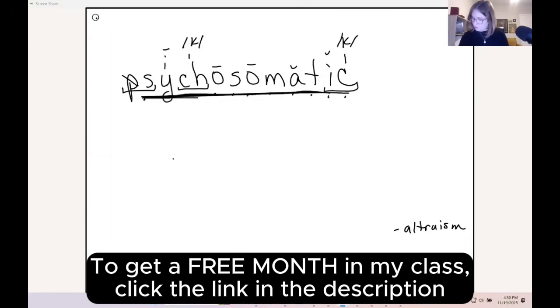Okay, so read this first word up here while I write the second one down. If I can spell it right. And then read this second one. All right, next word.